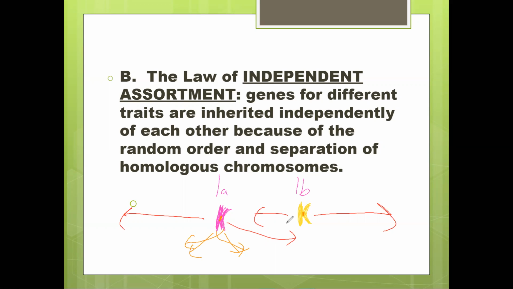But when you're talking about 23 pairs, 2A, 2B, 3A, 3B, 4A, 4B, et cetera, with multiple divisions, the chances of having the same exact setup for each chromosome become infinitesimally smaller, okay? So that random sorting of chromosomes yields a lot of diversity in the sex cells.